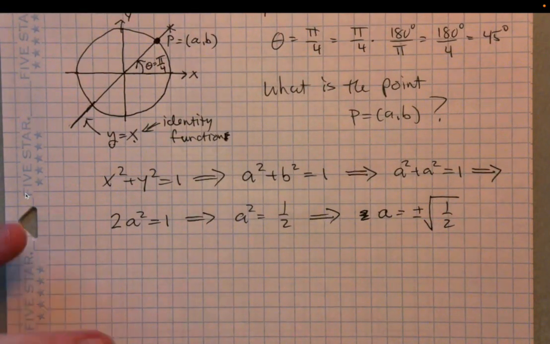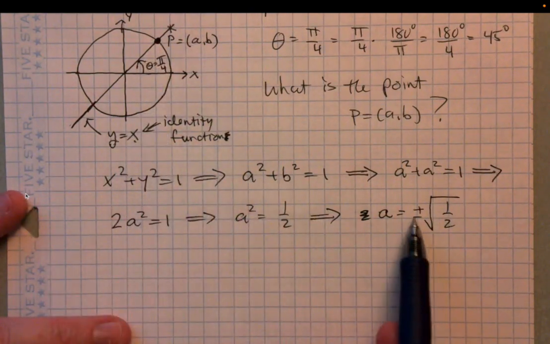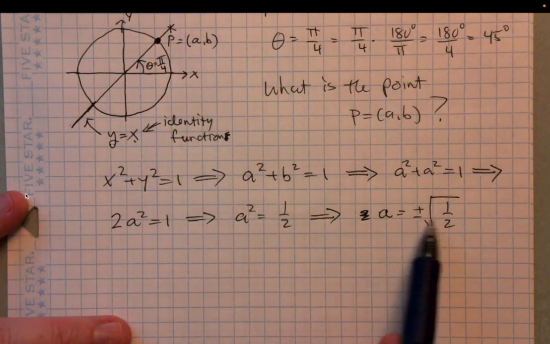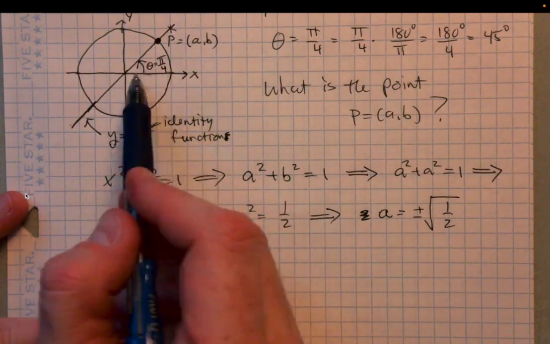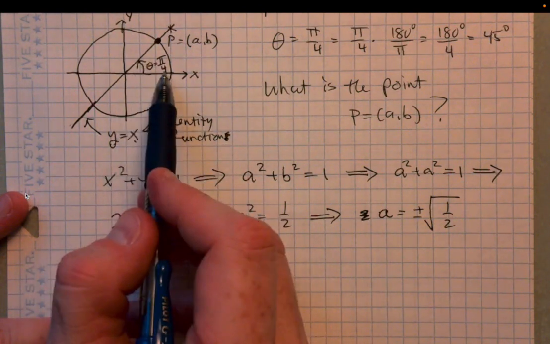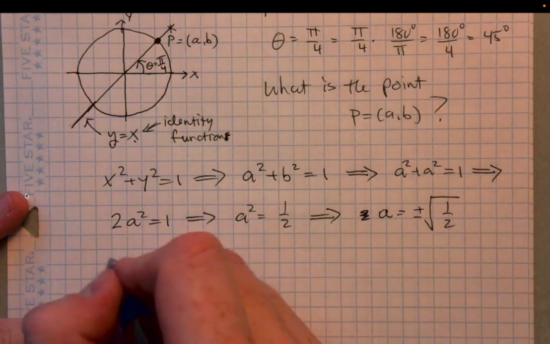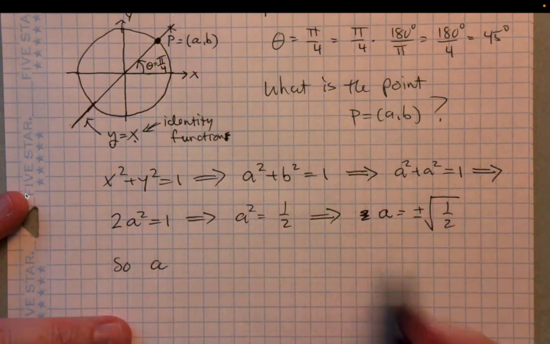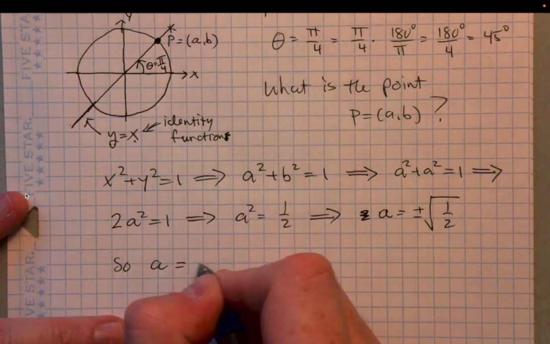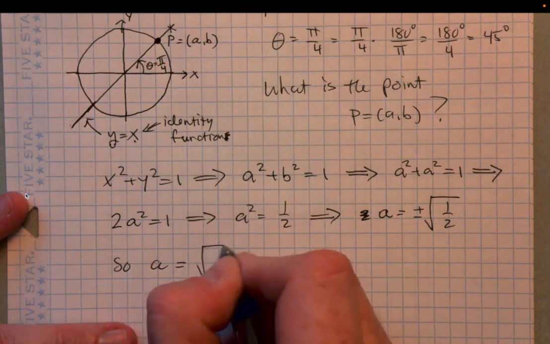Now we're talking about the first quadrant, so am I interested in the positive or the negative value of x? Well, it's got to be the positive value. Negative would be over here. So I'm interested in just the positive value. So A must equal the square root of 1/2.